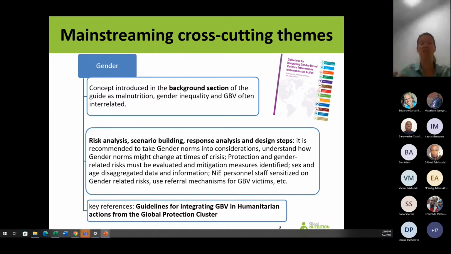And make sure that the nutrition and emergency personnel are sensitized on gender-related risks, and that we are all aware of any existing referral mechanisms for GBV victims and how to use those referral mechanisms. This is one example that you will find in the guide.